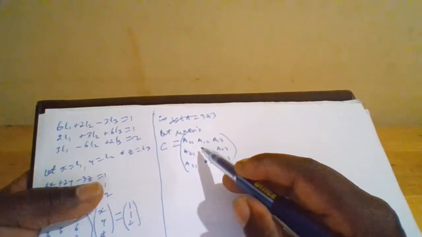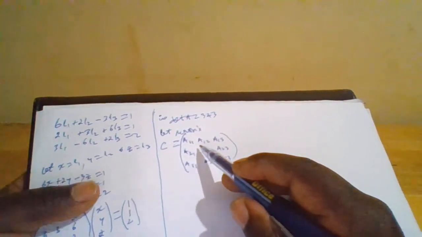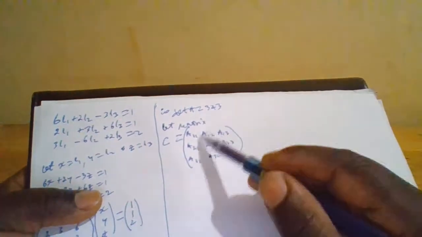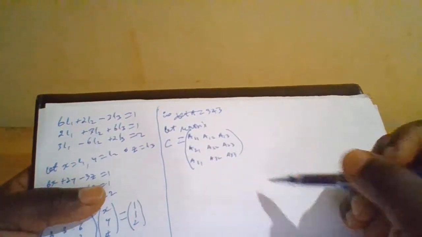This is a matrix of cofactors. So we need to find the value of all these elements of this matrix of cofactors.